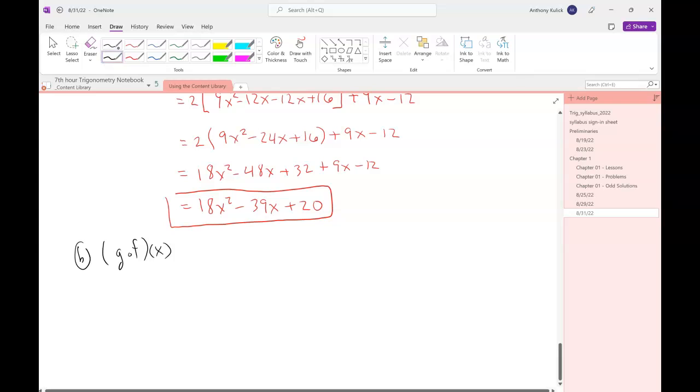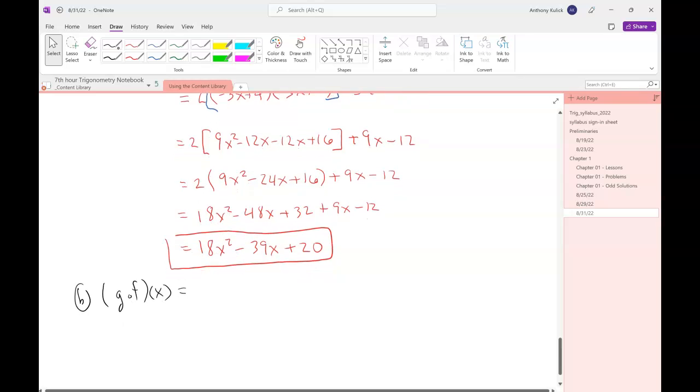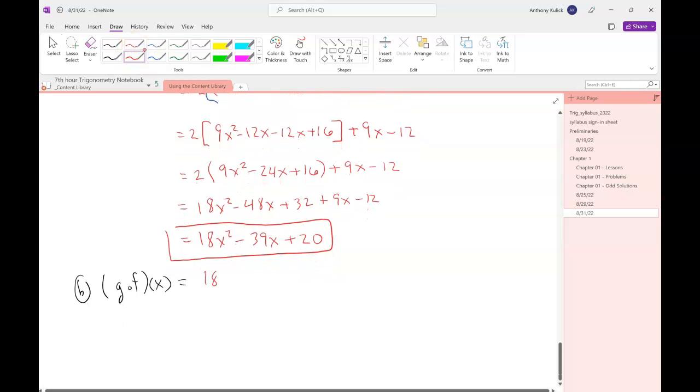What if I wanted to do g compose f of x? Well, wait a minute, Mr. Kulik. I did f compose g up there. Do I just get the same thing? Should I just be able to do that and be done? Nope.